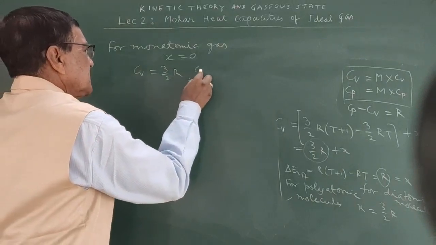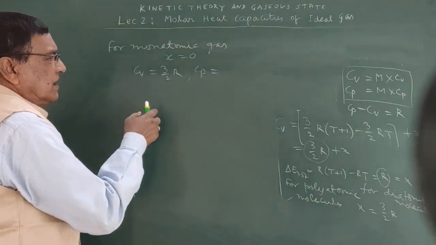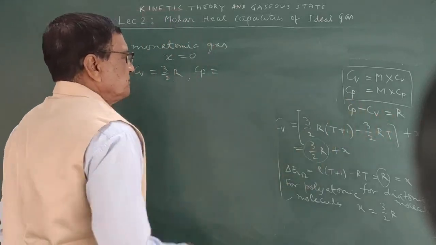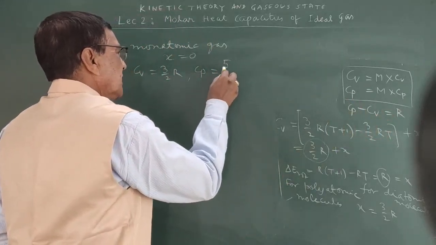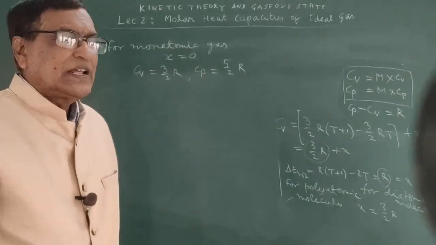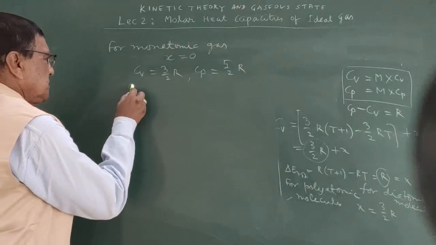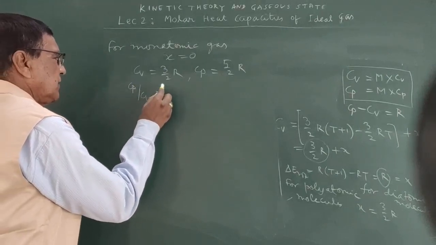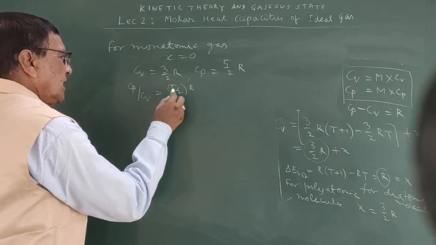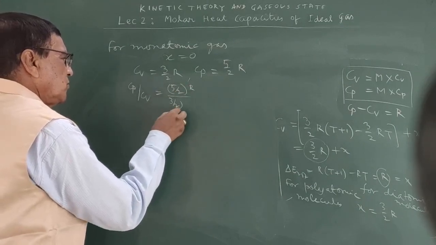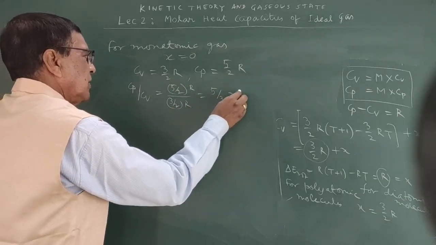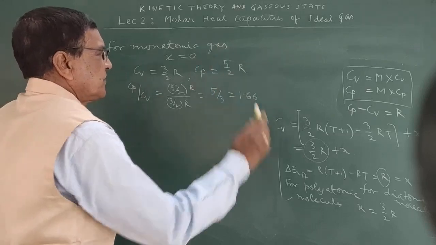So CP naturally, R will be added to the CV value. So it will be 5 by 2 R. And so CP by CV equals 5 by 2 R divided by 3 by 2 R, equal to 5 by 3, equal to 1.66.